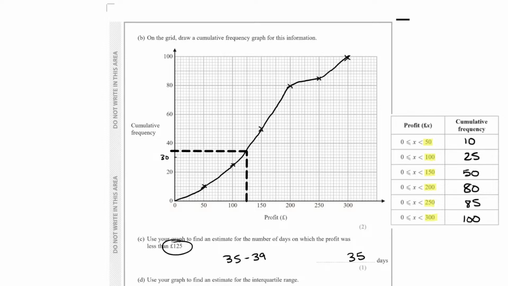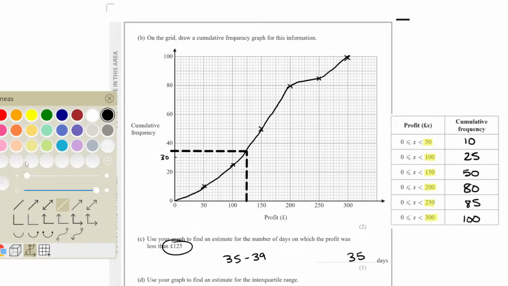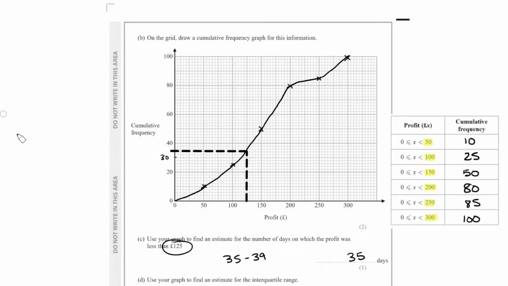Let me see if I can make this a bit thinner. Going to do a different colour just so you can see that this is part D. So at 25, just be really careful we get the right thing on the graph, because the 25 is kind of halfway between, isn't it? Is here, which is actually one of my points, wasn't it? It was one of the points that we plotted, so you should obviously use the same value, which was at 100, wasn't it?